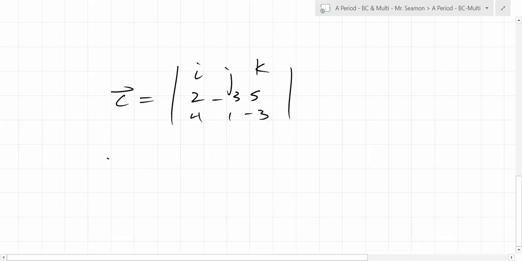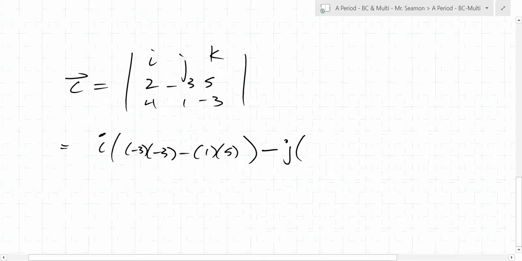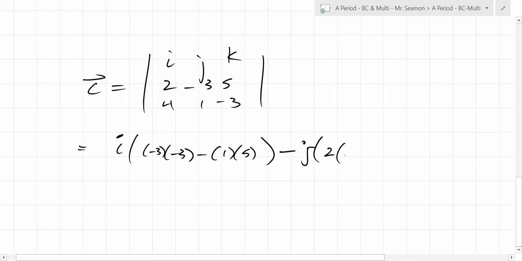So what's that going to be? That's going to be I times, sorry, wrong pair already. I times -3 times -3 minus 1 times 5, minus J times 2 times -3, and there's an errant little mark right there.